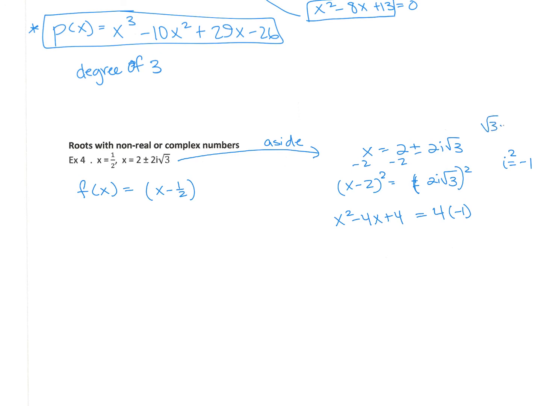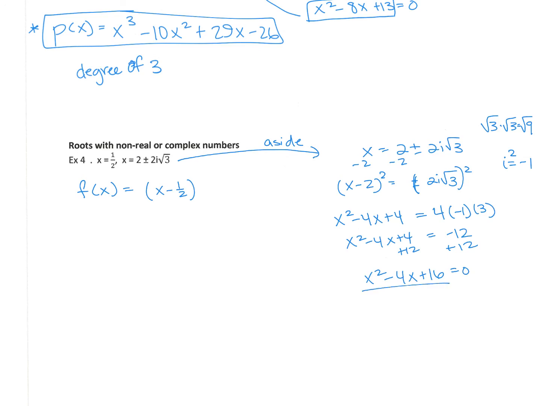I can multiply those because they are like terms, and that gives me a 3. So I have x squared minus 4x plus 4 on the left, and negative 12 on the right. My last step is to set it equal to 0, so I'm going to add 12 to both sides, and I get x squared minus 4x plus 16 equals 0.